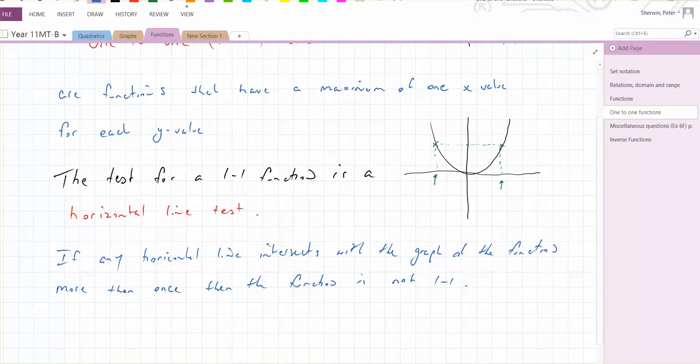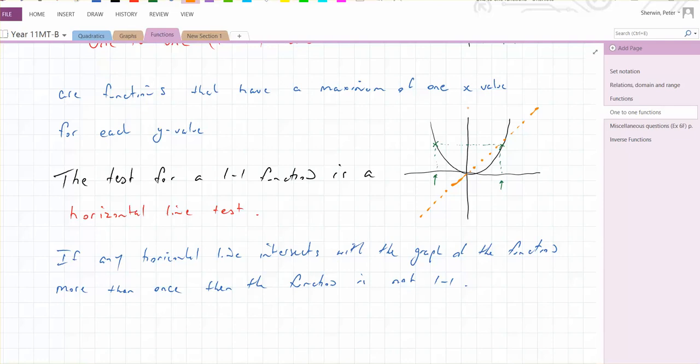To find an inverse, you reflect the function in the line y equals x, because the process of finding an inverse function is to switch all the x and y coordinates around. If you've got coordinates (4, 1) on a function, then on the inverse function there'll be (1, 4). Every ordered pair gets switched around.